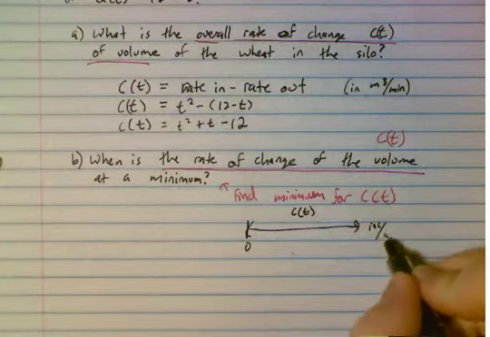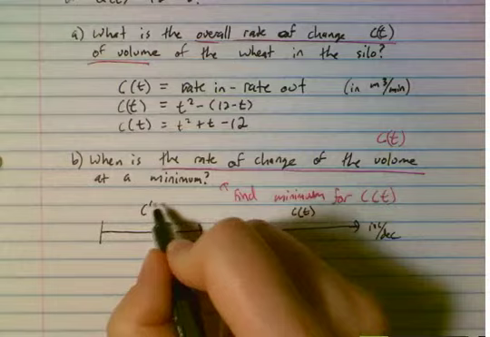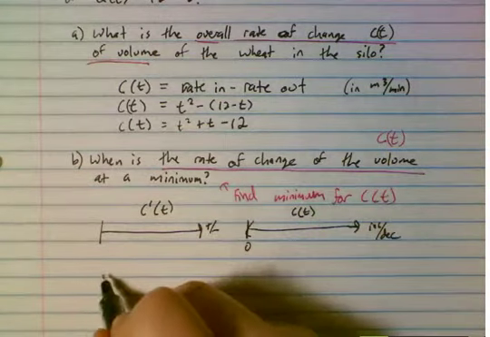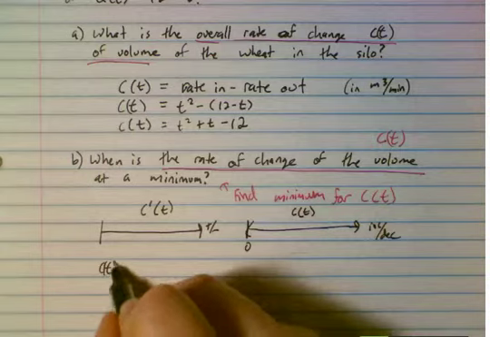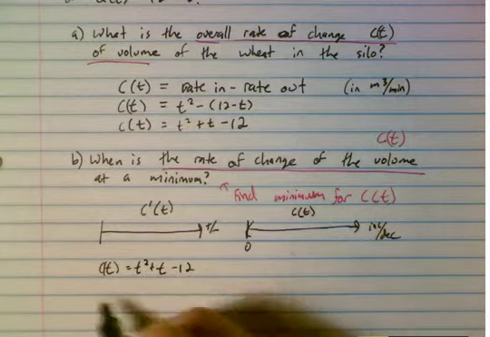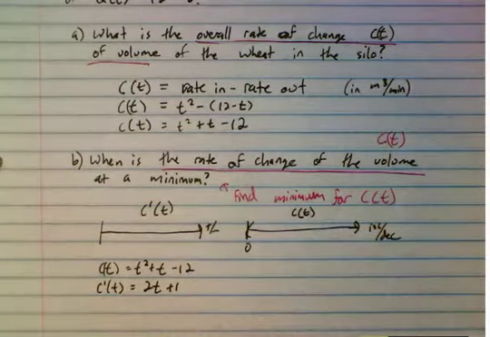And we want the increasing, decreasing line. That means we have to take the derivative, and we want the plus minus line, just like usual. So if C of T is T squared plus T minus 12, C prime of T is 2T plus 1.